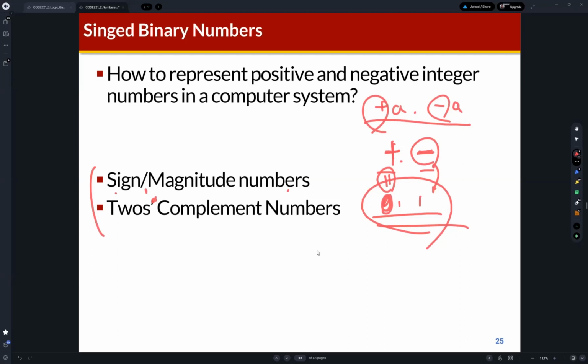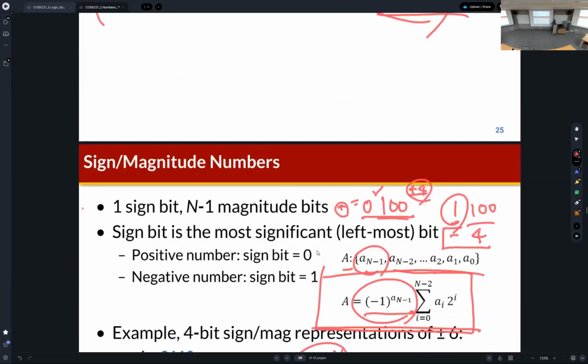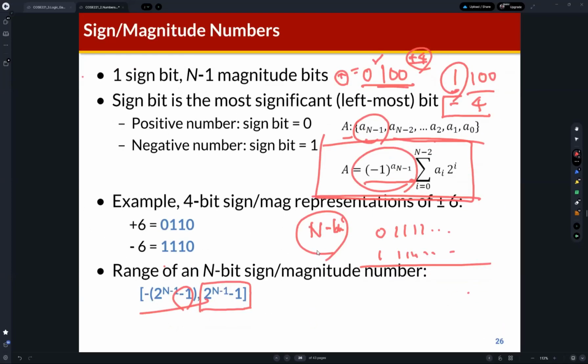The first one is the sign and magnitude numbers. Then the second one, two's complement numbers. Okay. Then sign and magnitude number is similar to our real decimal number system. So it means that the MSB represents the sign, and then the remaining bits represent the magnitude of a number.